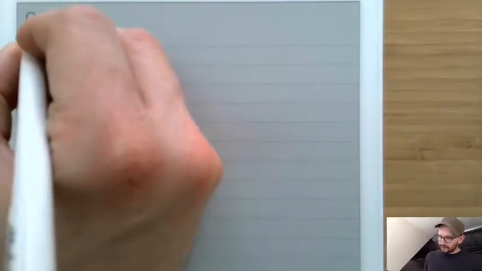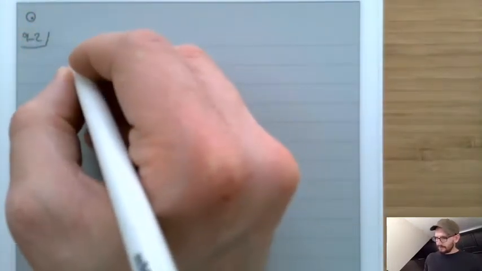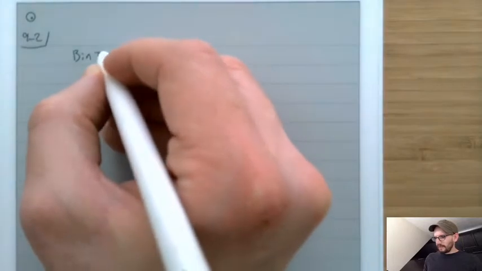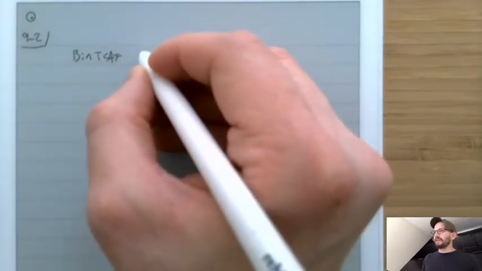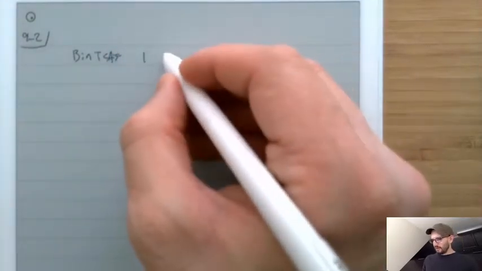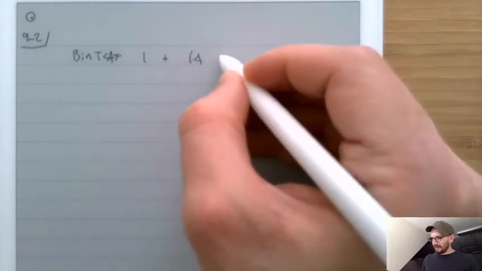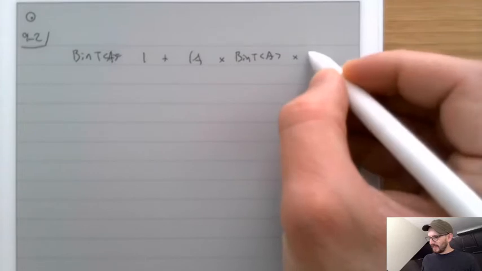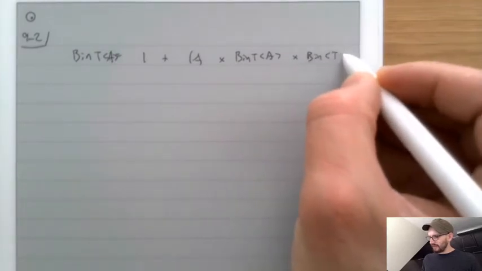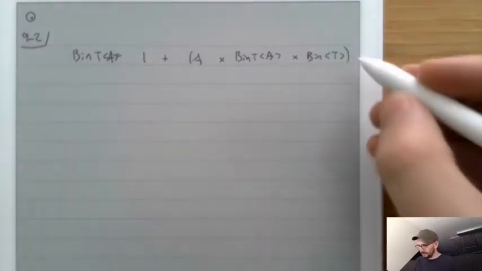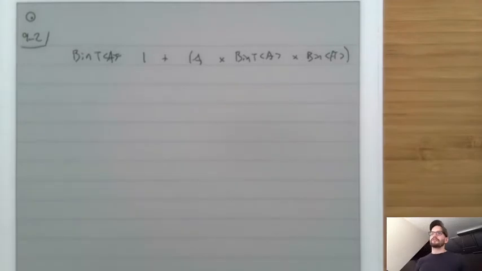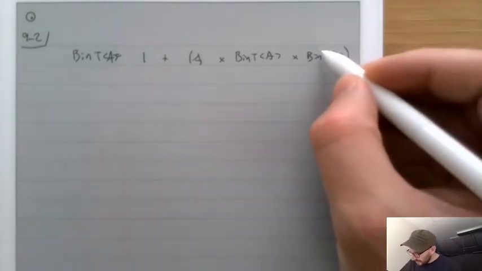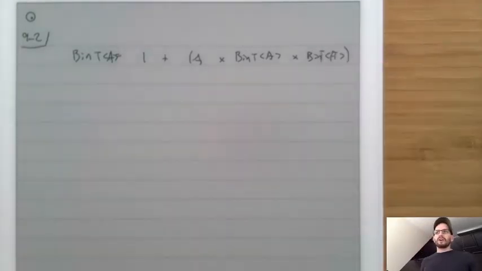A binary tree of A's would be either an empty node or an A paired up with a binary tree of A's and another binary tree of A's. I wrote T, but I meant to say A. Binary tree of A's. Okay, so a large number of data structures can be represented this way.